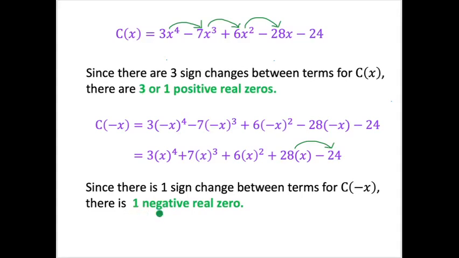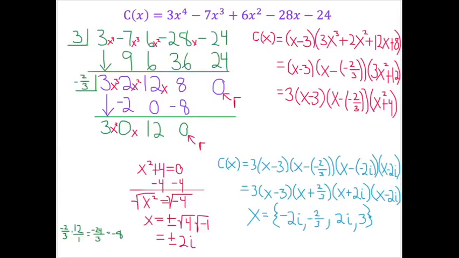And of course, we did have our one negative real zero of negative 2/3. And then right here, I just want to make sure that you see that this is written as a product of linear factors. And then this is just our expanded form where we started.